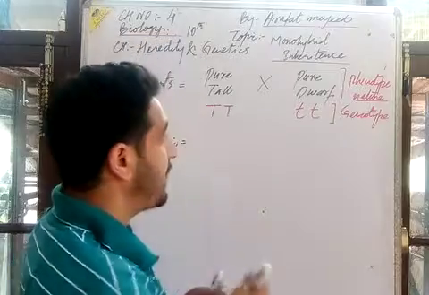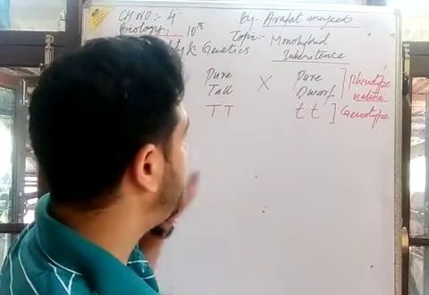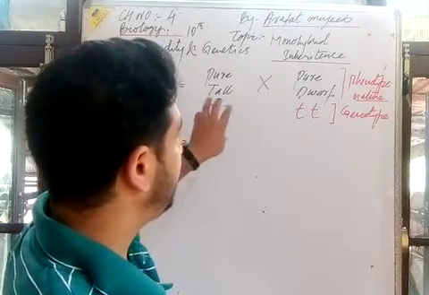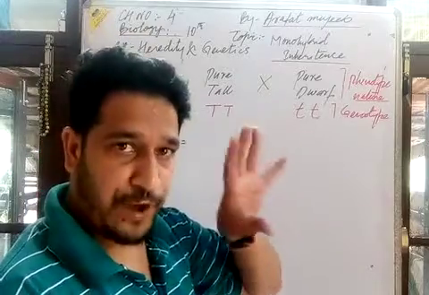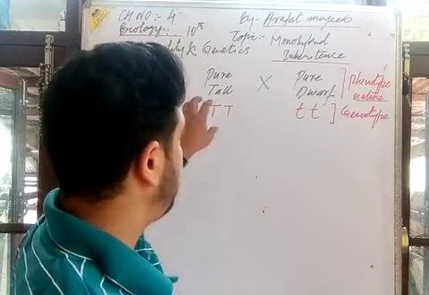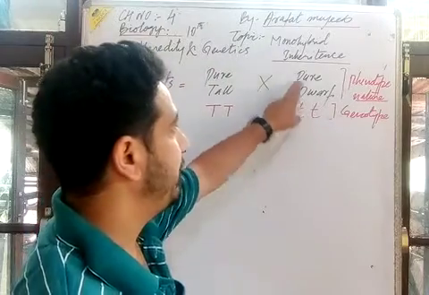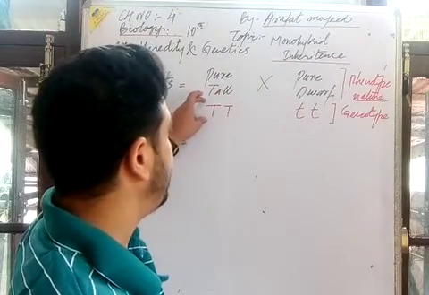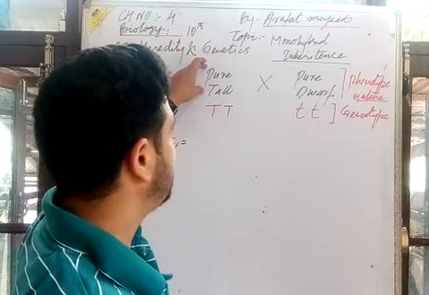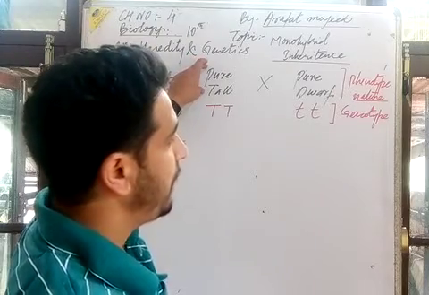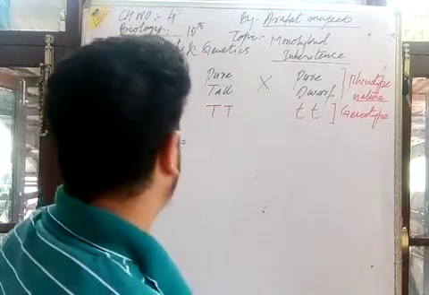Before this, I told you about Mendel's law of paired factors, that each pair of factors regulates and maintains a character, and this pair maintains this character, according to the law of paired factors.